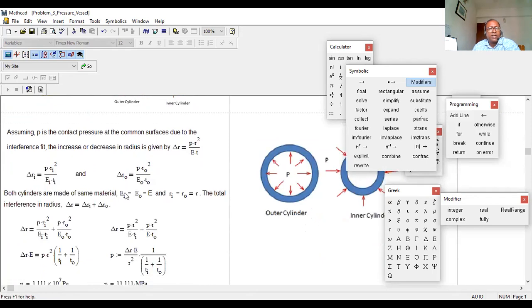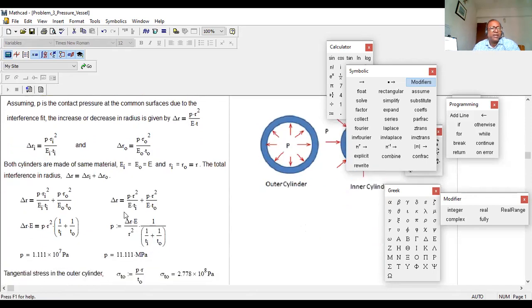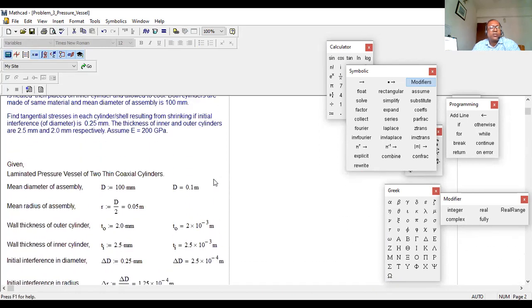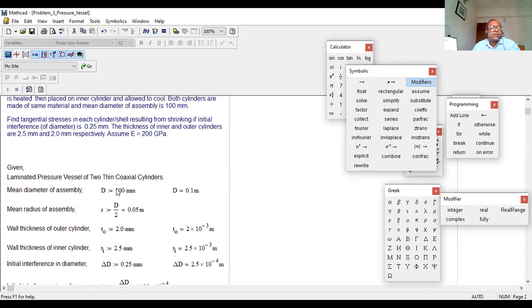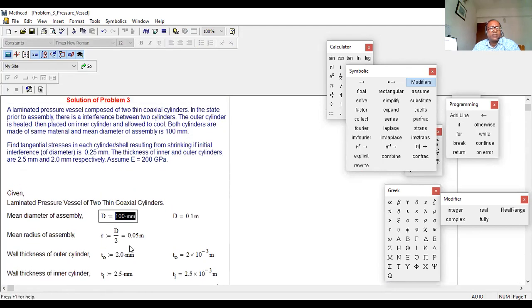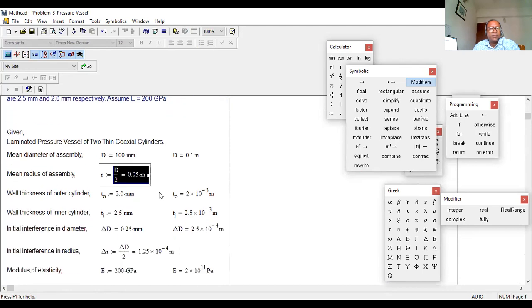And both have the common radius. That means this R_i, R_o, you can put only R. And R is the value of the common radius given right over here. Common radius is 100 millimeter, over here 0.05 meter.